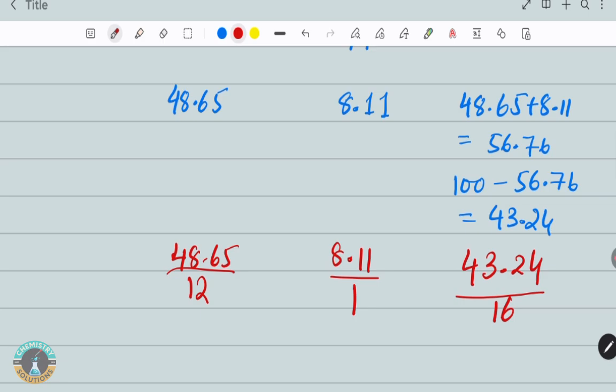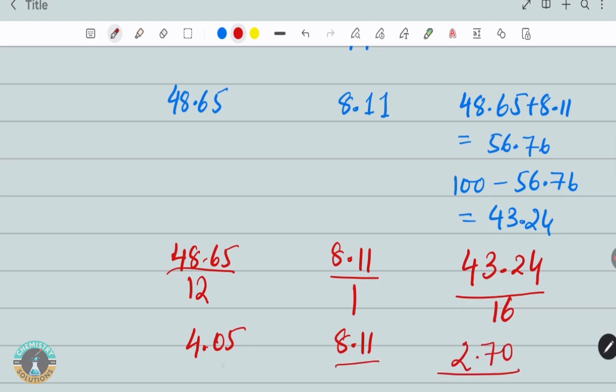So 48.65 divided by 12, the answer is 4.05. For hydrogen it is 8.11, and 43.24 divided by 16, we will get the answer 2.70.